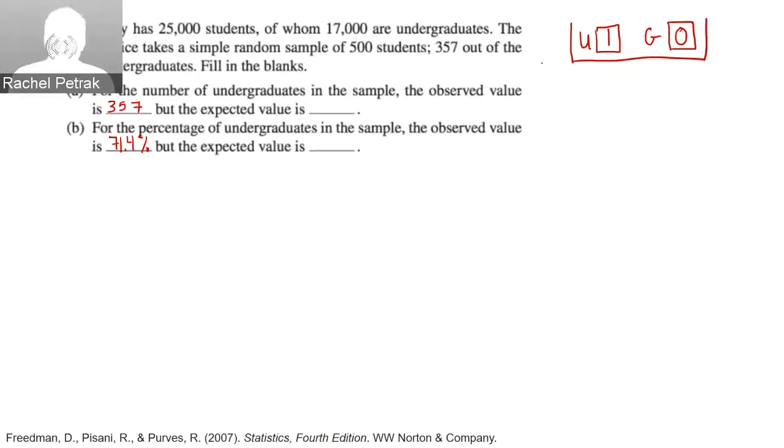How many tickets are in this box? How many total is this equal to? Yes, it's 25,000 because this is our population.